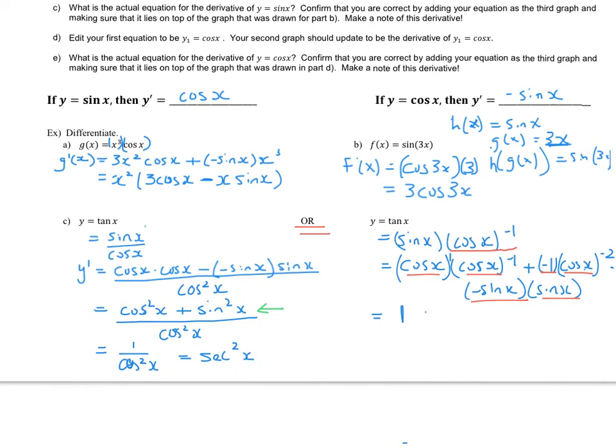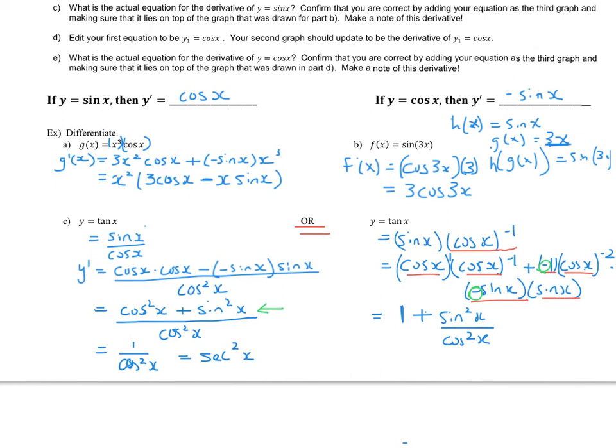And then I have, let me see if I can point this out. We have a negative here and a negative here. That's going to make a positive overall. So we have a plus. And then we've got a sine x times sine x, which is sine squared x. And then a cos x to the negative 2 would be a cos squared x there.